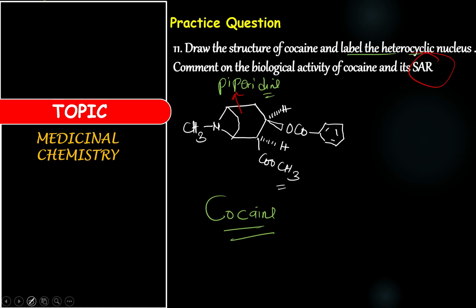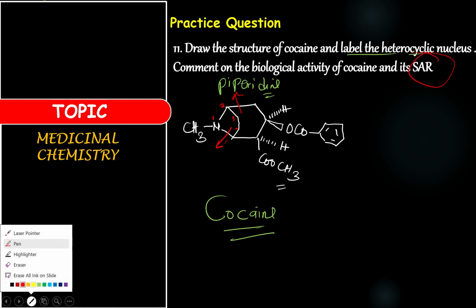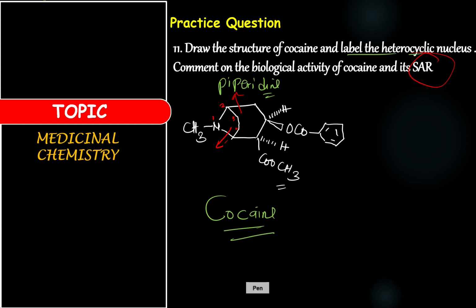Now we have another smaller ring that also contains nitrogen. If you look at it, this ring here, 1 2 3 4 5. This smaller ring here also contains nitrogen. Now what is the name of this ring? This ring is called pyrrolidine.